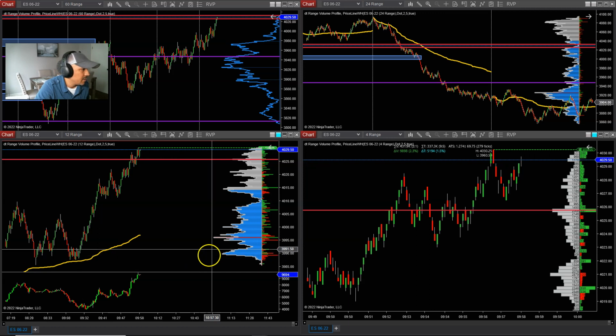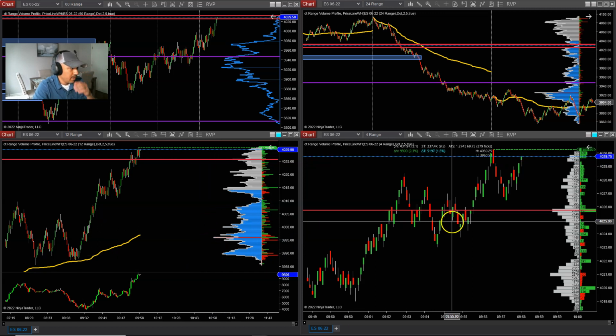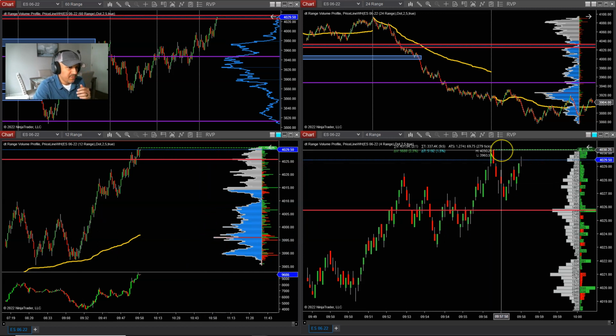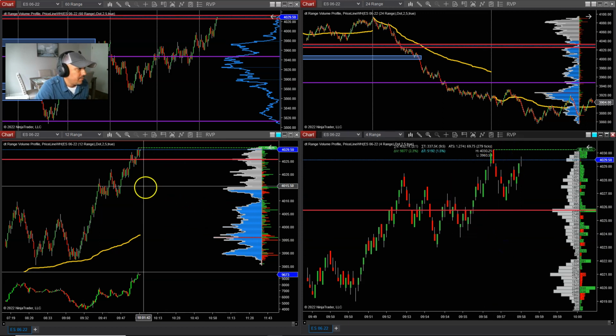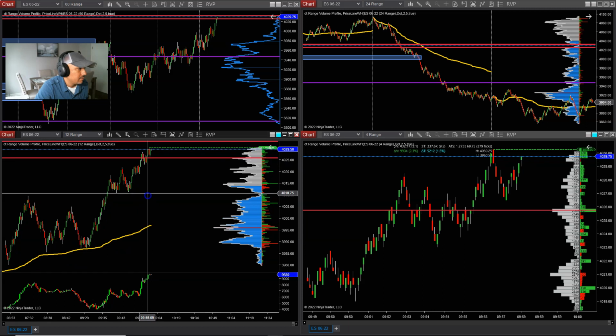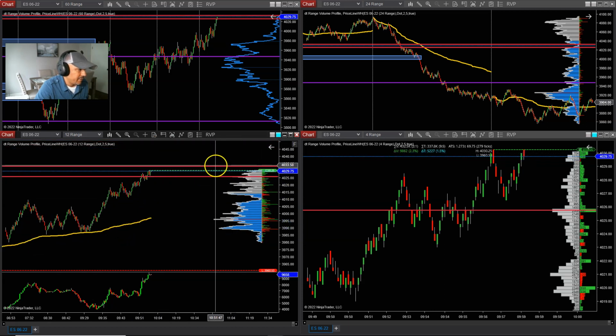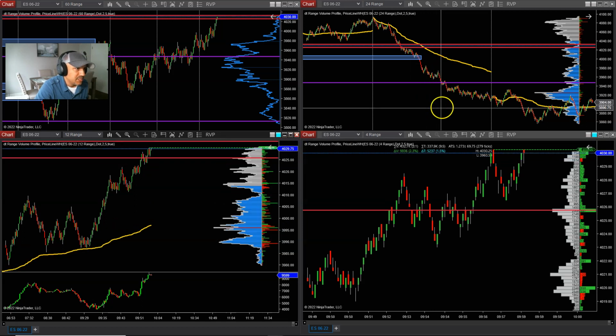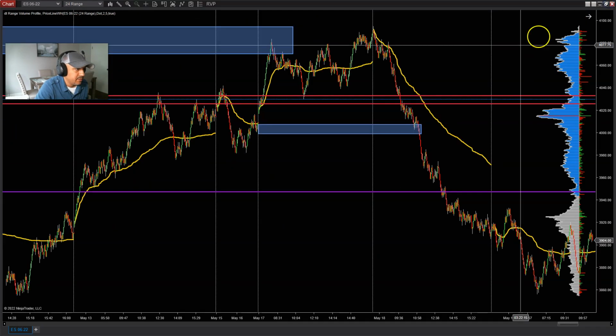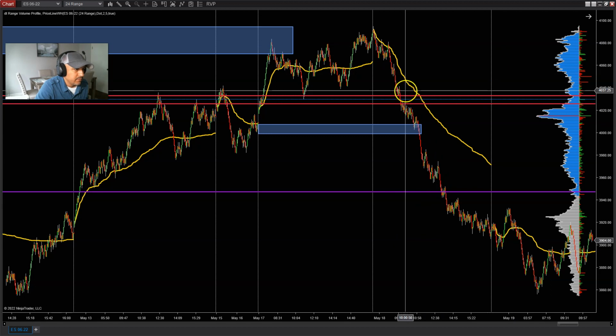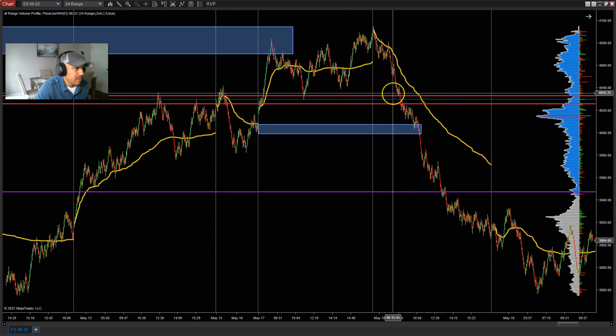Not sure what happened to my recording there, but price is bouncing off a little level off of the 12 range chart. We're not too far away from this area right here at 34, which is that small area I showed you off of the 24 range chart. So we could come up here and get some rejection up here.